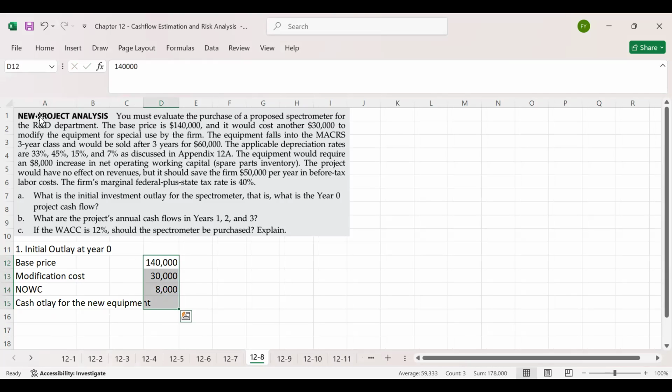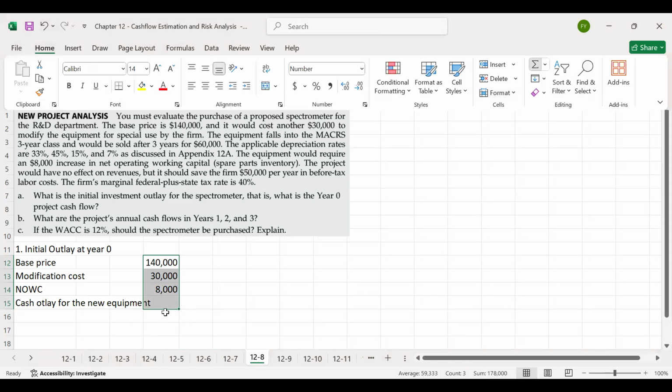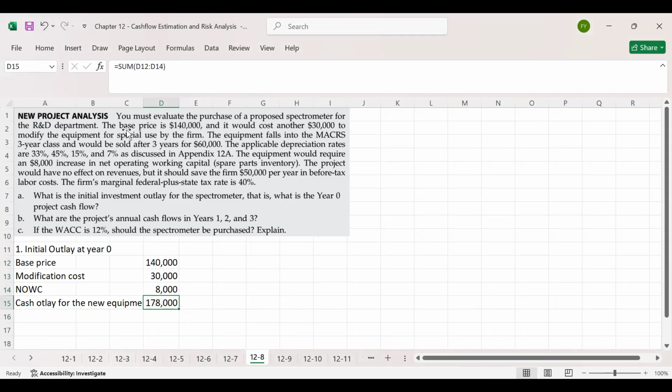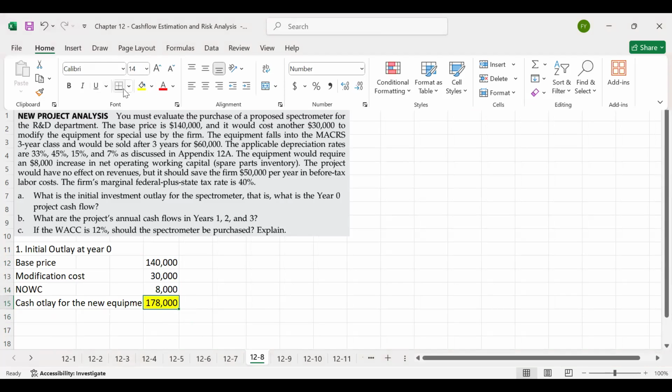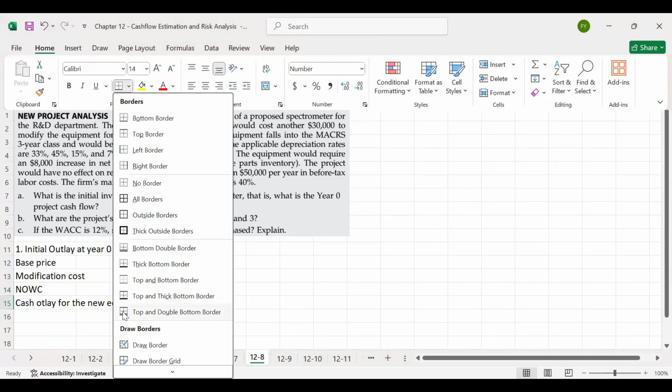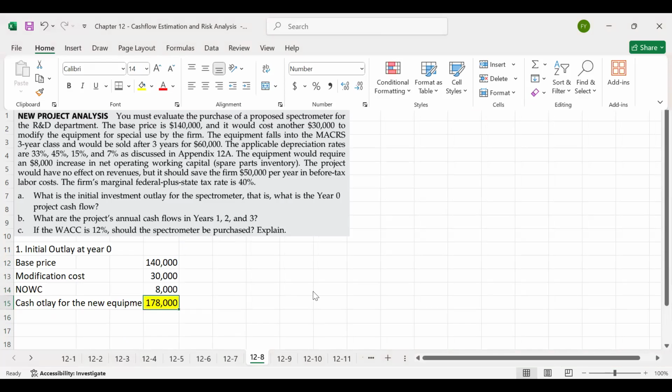Now, when we add all these three, we get the total initial outlay, which is $178,000. So this is the first requirement.